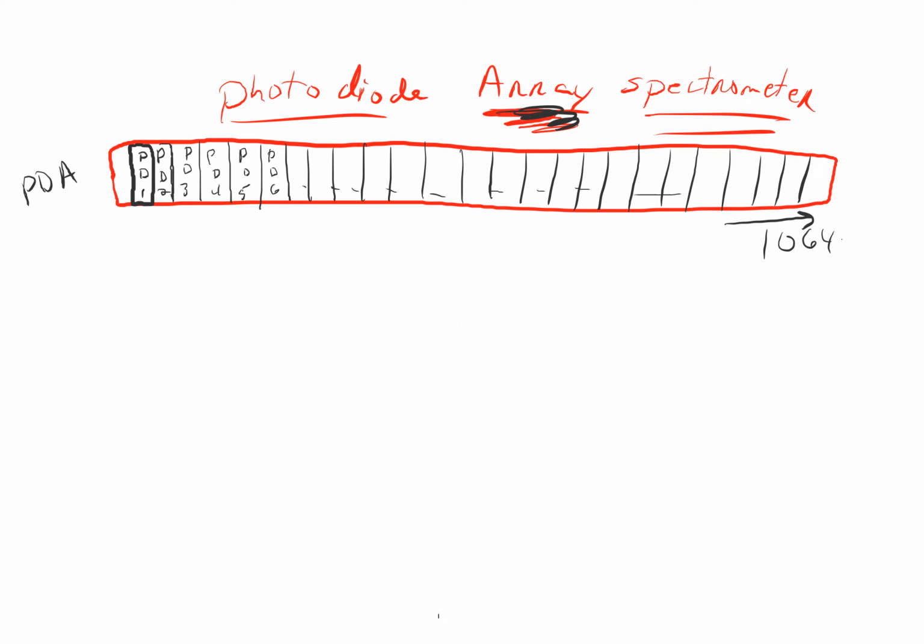Let's say that you have your light bulb, which is your continuum source of radiation, okay? And you take that light from that light bulb, you pass it into your monochromator. Well, wait, hold on, let's not do that. Let's say that you pass it through your cuvette first, okay?